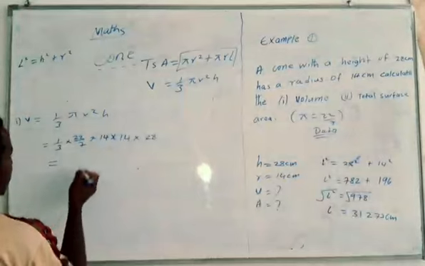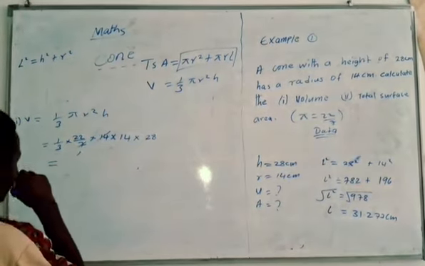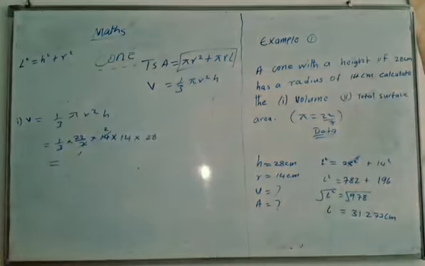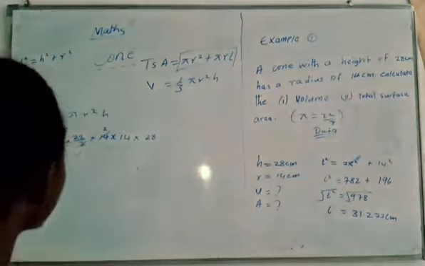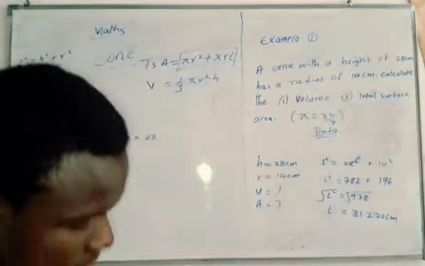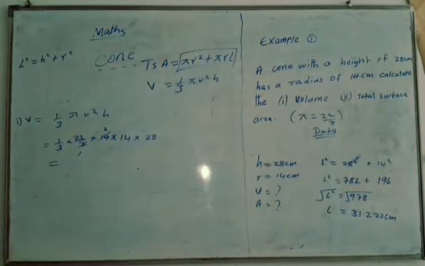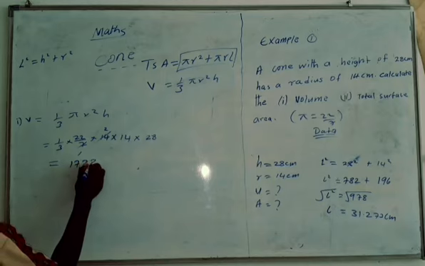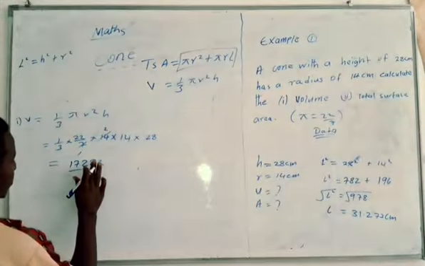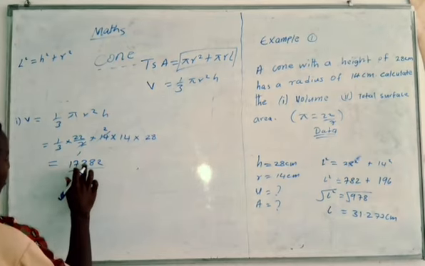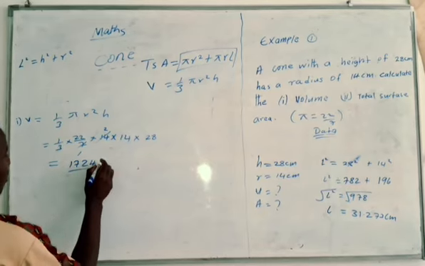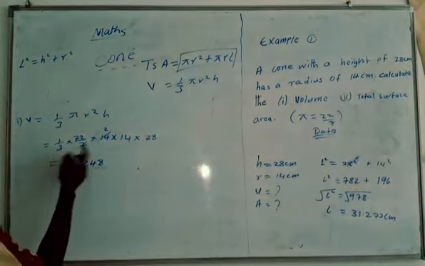So that will give us 7 into 14 is 2 times. Okay, let's multiply up and see. 22 times 2 times 14 times 28 gives 17,248. So divide by 3, because the 3 is here.